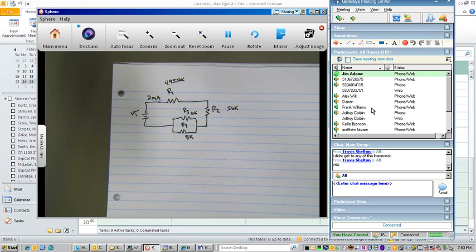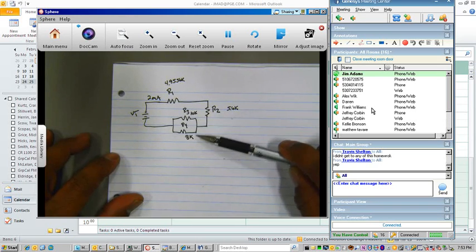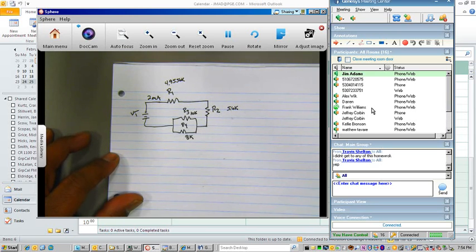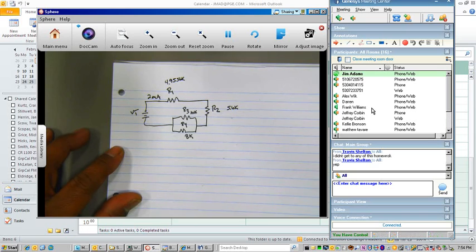Frank, how would you proceed with this guy? So, total current is 2 milliamps, right? Yep.